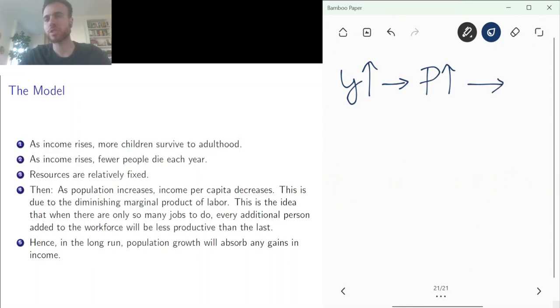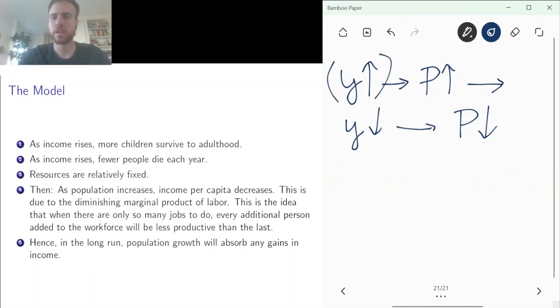Because resources are fixed and there are diminishing returns to labor, society cannot sustain that extra population. So income per capita will go down. There won't be enough food to feed everyone, and then population will go down. This is a short-term increase, and this is the process in the long run.